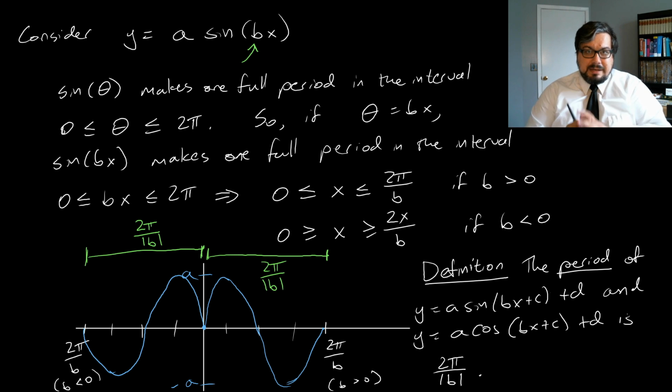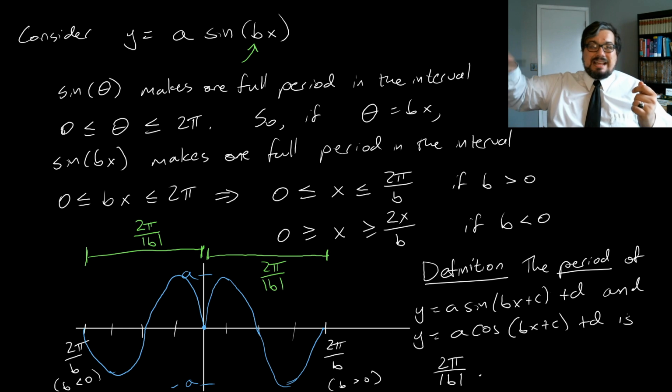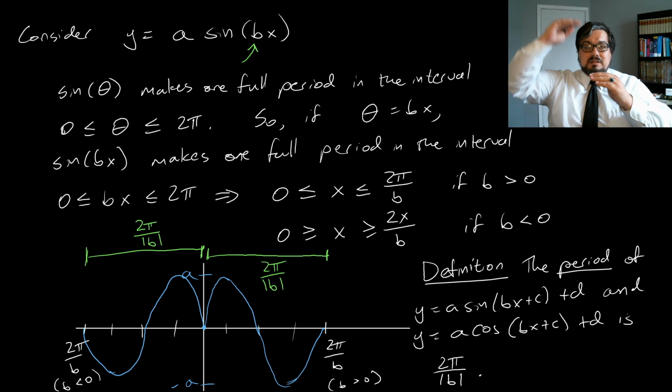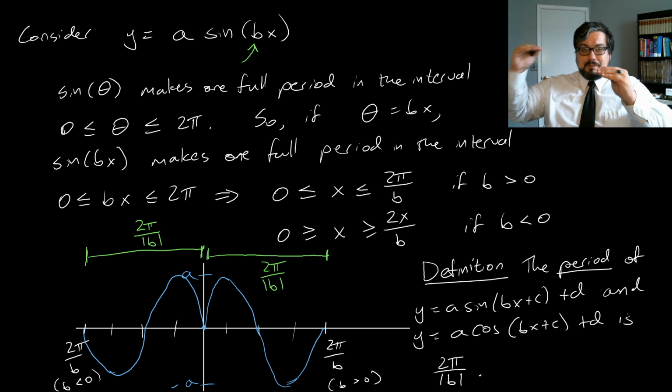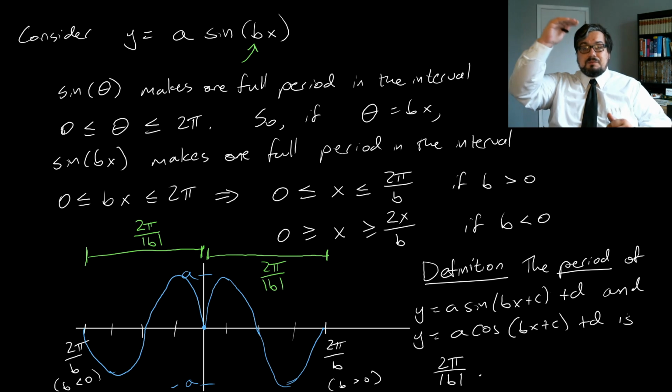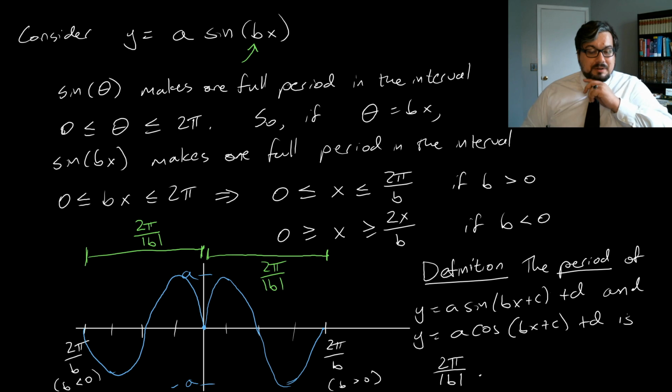And the point of the period is that the sine function or the cosine function does one complete cycle, in the case of sine, going from the middle to the top, to the middle, to the bottom, back to the middle, in one period. And for cosine, of course, it goes from the top to the middle, to the bottom, to the middle, back up to the top, as one full cycle of cosine does.